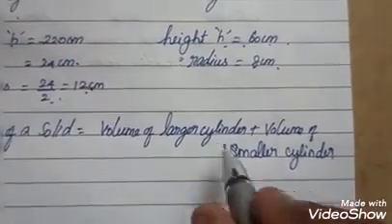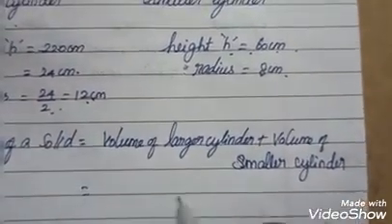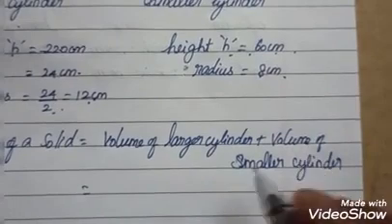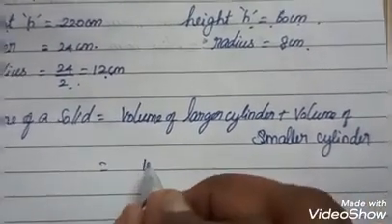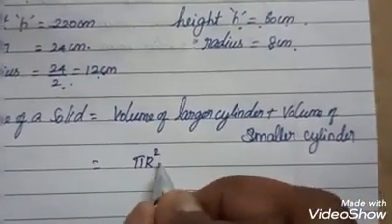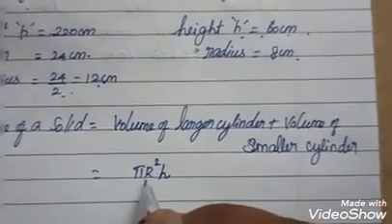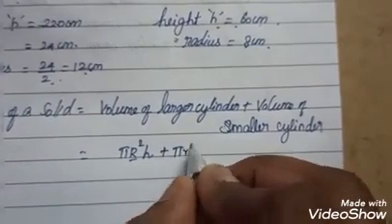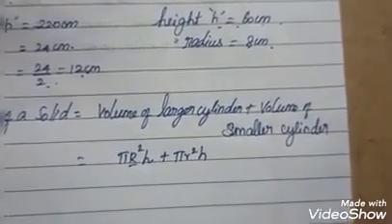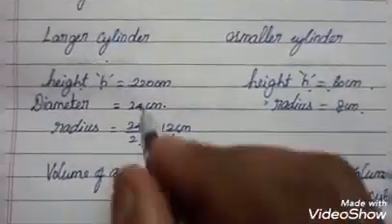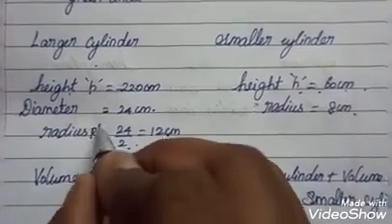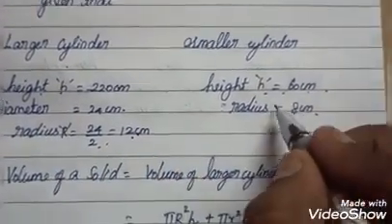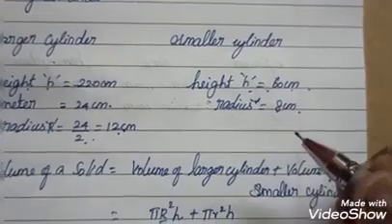The volume of a cylinder is pi r square h. I take pi R square H, with capital R for the larger cylinder, plus pi r square h, with small r for the smaller cylinder. Here I also need to mention that the radius is capital R for the larger cylinder and small r for the smaller cylinder.